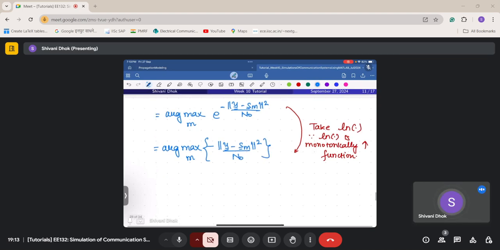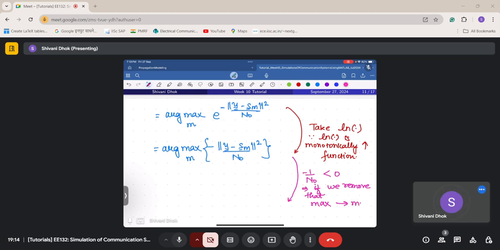Now, minus 1 by N naught is less than 0. It's a negative quantity. So if we remove that, max will get converted to min. It's like this.